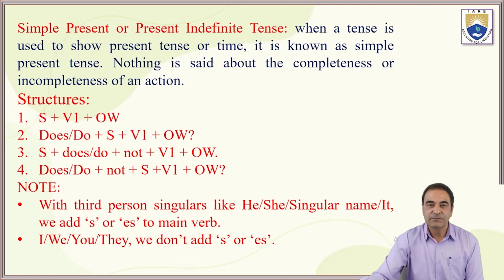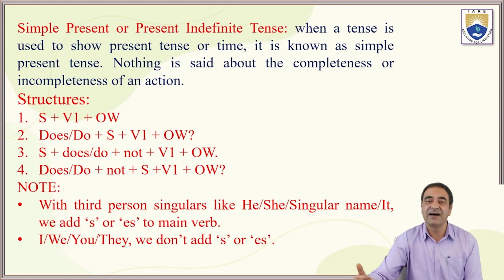We don't know whether an action had just completed in present or is continuous in present. We don't know anything about it. That's why look at the second part of definition. Nothing is said about the completeness or incompleteness of an action.